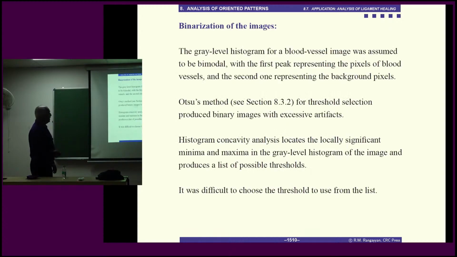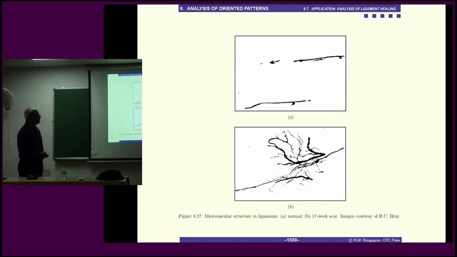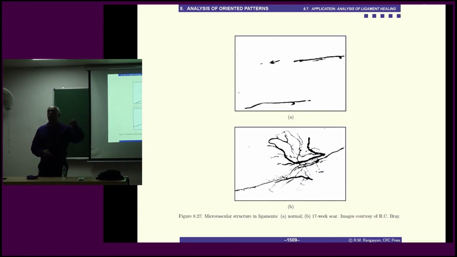So the binarization was a problem. With images like this, binarization is a bit difficult because there are very few pixels corresponding to the blood vessels compared to the background. Earlier I talked about bimodal, multimodal histograms or unimodal. These histograms are unimodal because there are so many pixels of the background, very few pixels of the object.